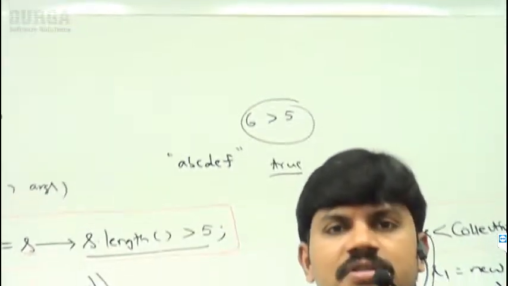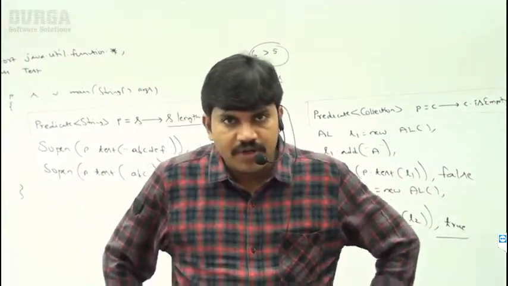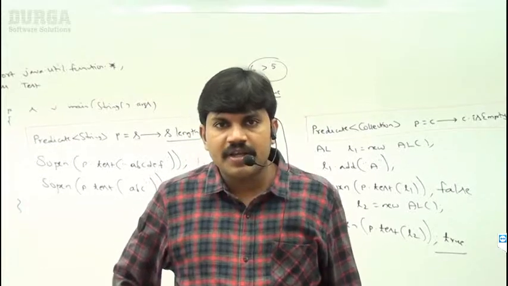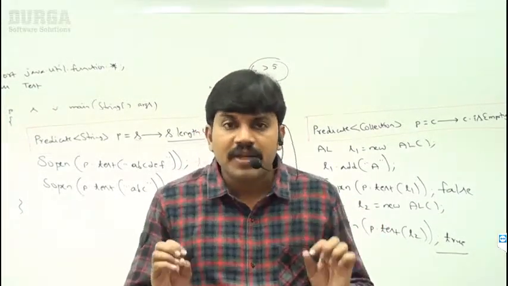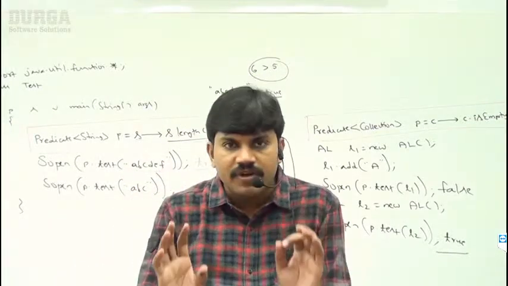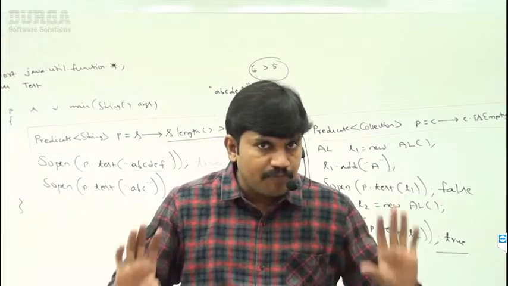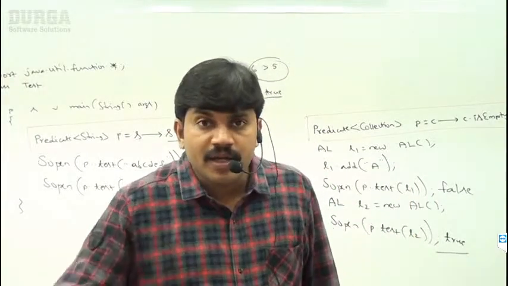So now this is about the predicate. Clear for all of you, right? Not much explanation is required. What is a predicate? A predicate is a boolean-valued function. It is a predefined functional interface present in the java.util.function package. This Predicate interface came in Java 1.8. How many methods does the Predicate interface contain?